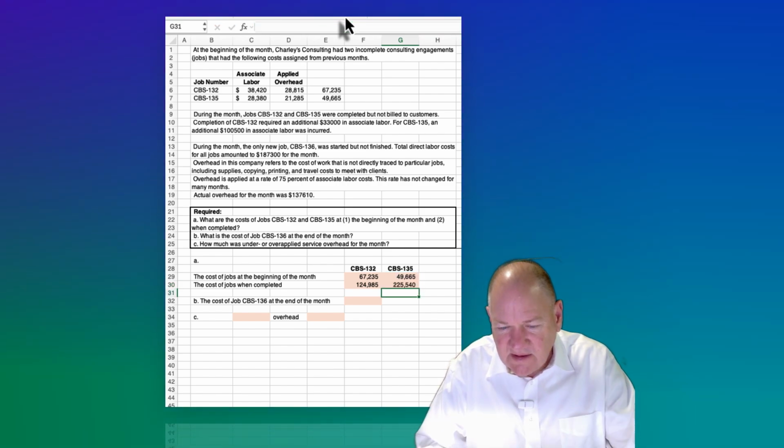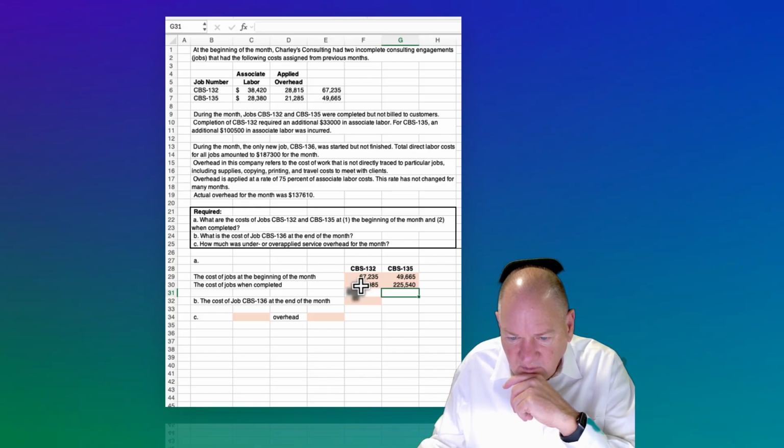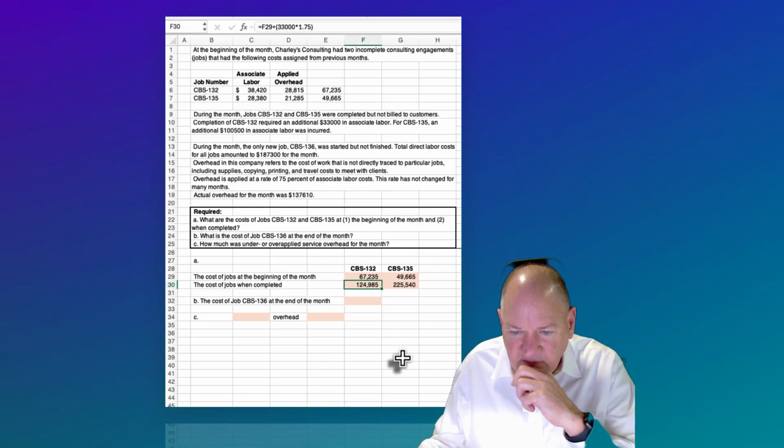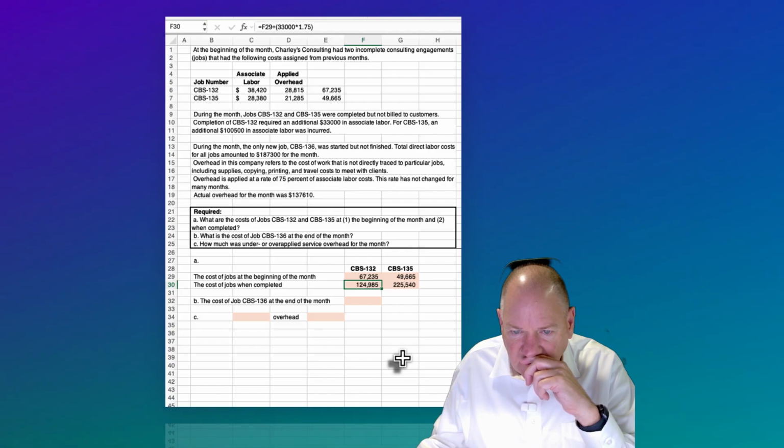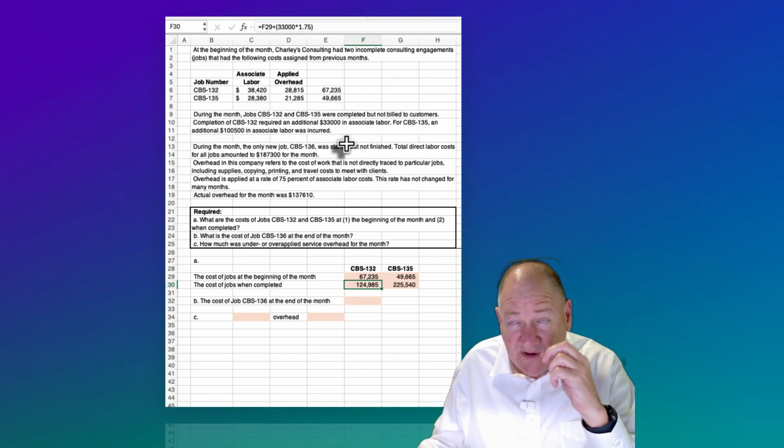Let's see, does that make sense? Now, the 124,000 is greater than the 67. That's what I expected because I had additional costs. What I've added is $33,000 plus 75% of $33,000. So 75% of $33,000 must be somewhere in the ballpark of $24,000.